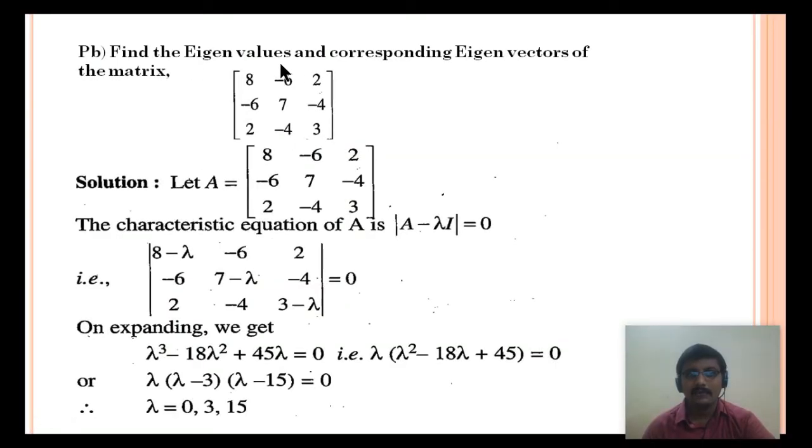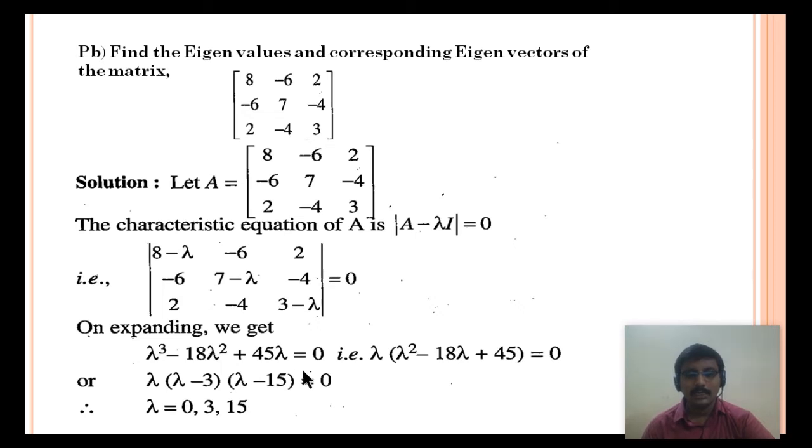Problem. Find the eigenvalues and corresponding eigenvectors of the matrix 8, minus 6, 2; minus 6, 7, minus 4; 2, minus 4, 3. First of all, we define the matrix A. Now we will find the characteristic equation of A, which is determinant of A minus lambda I equal to 0. So we take the determinant of A, subtracting lambda from the principal diagonal elements: 8 minus lambda, 7 minus lambda, 3 minus lambda.